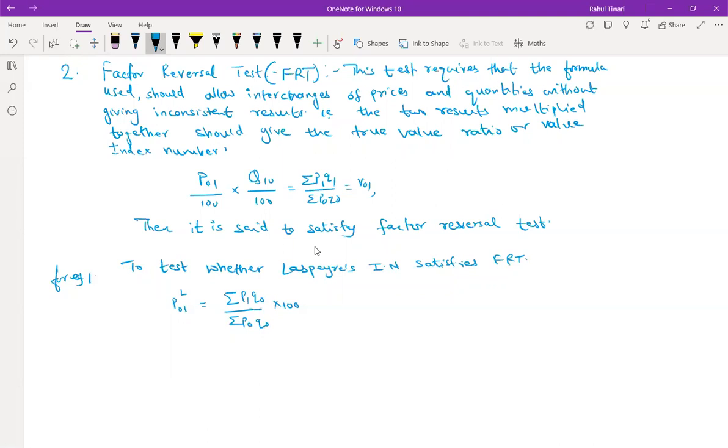Now, I'm interested to get the quantity index number. I hope you have gone through the last class note. How to get the quantity index number? Remember the formula for quantity index number? Anyone?